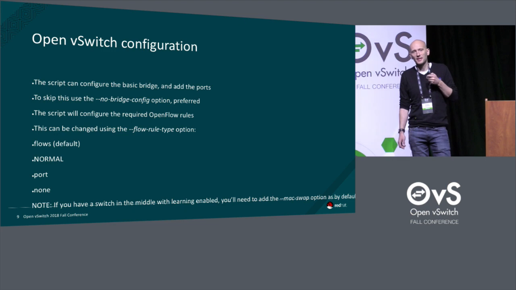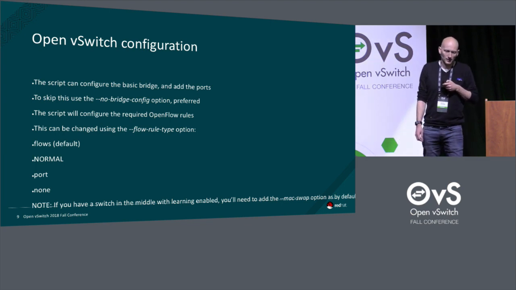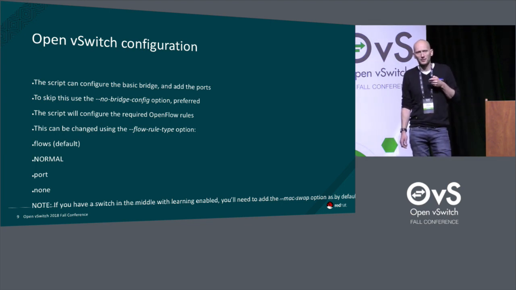So if you test, let's say, with 10 flows, you will get 20 OpenFlow rules, 1 to the virtual machine and 1 back. You can also use normal, so it will just program a normal rule for you, and you will have bridge learning in that scenario. There is a port option, so it will create a static rule, going input port to egress port, and that's it. And then there is none, which basically means don't touch anything. So if you'd like to configure some complex rules in that scenario, you can just take that option, and it won't touch your config.